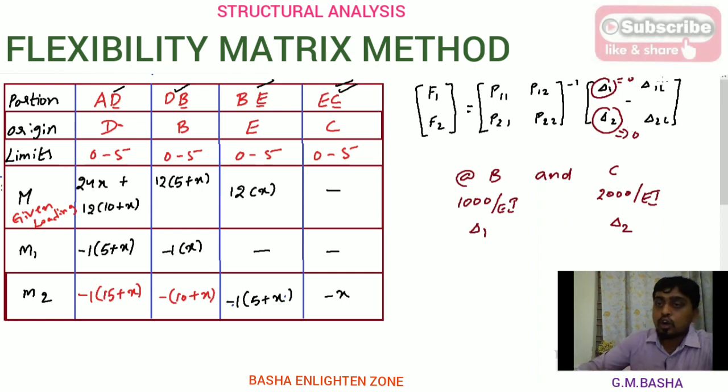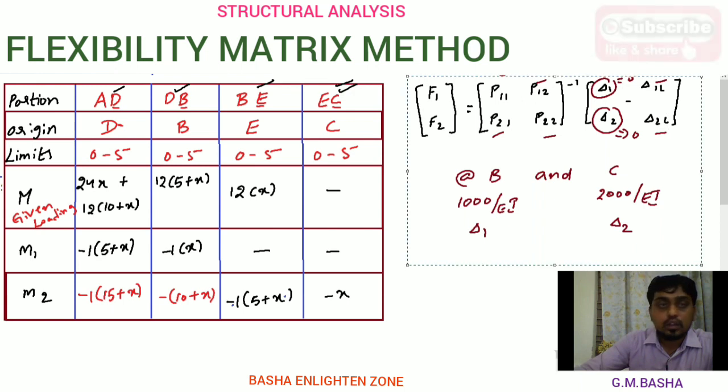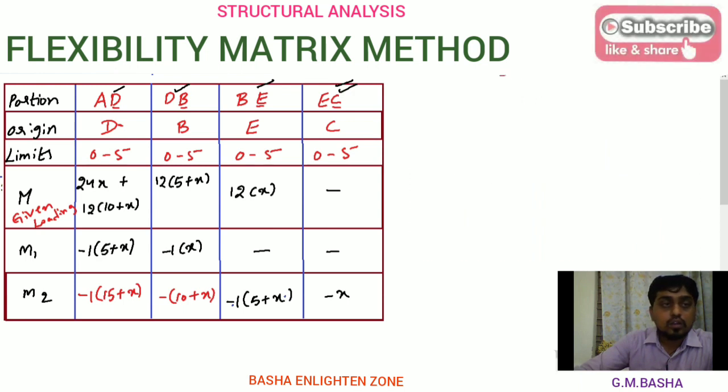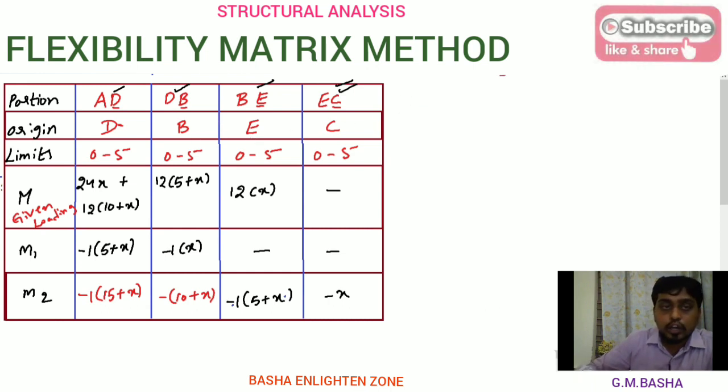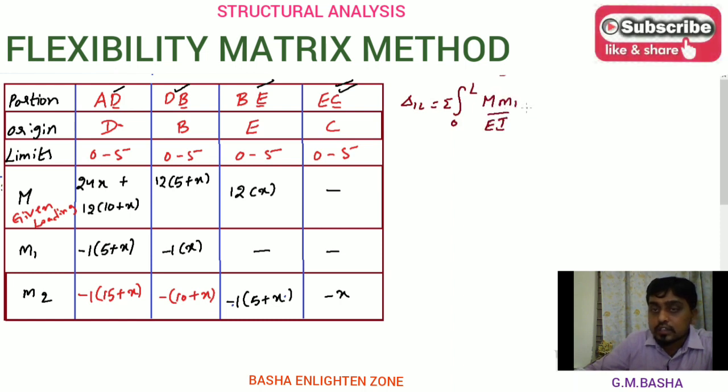So I told all the formulas: P1L, P2L, P11, P12, P21, P22. Now I will show how to apply the formulas here itself. While talking about the delta 1L, what I told you is this delta 1L will be equal to integral of 0 to L capital M small m1 by EI into dx.